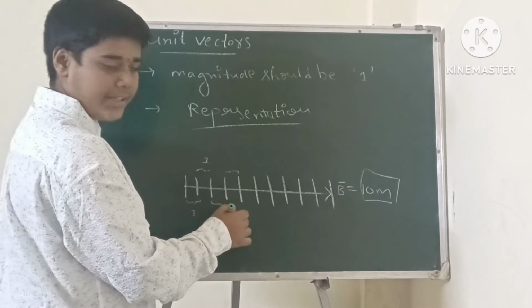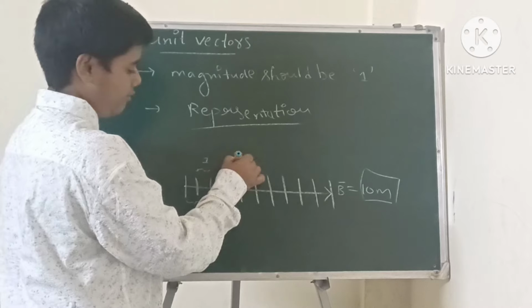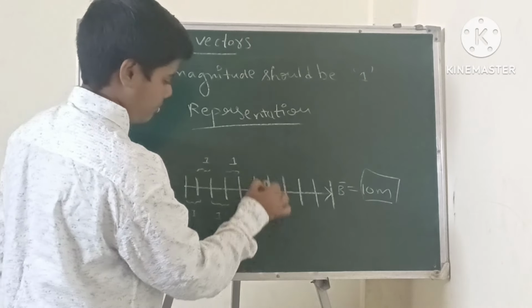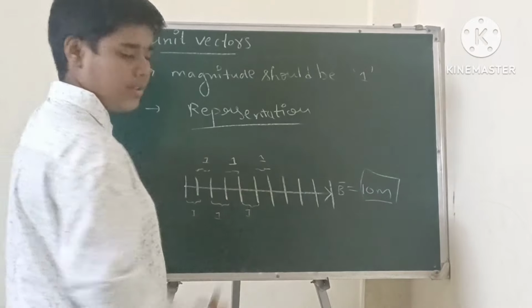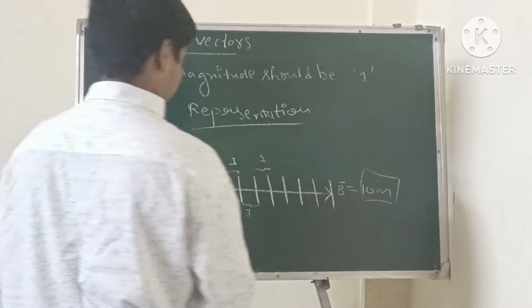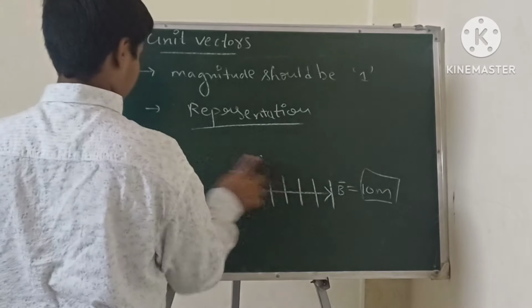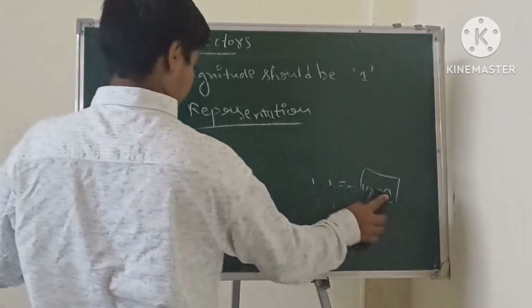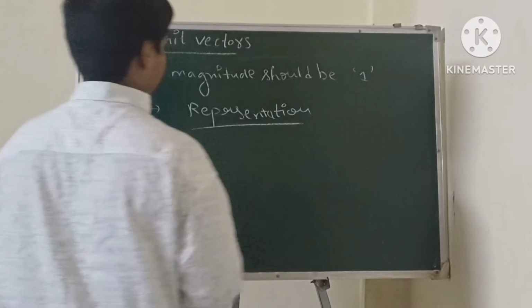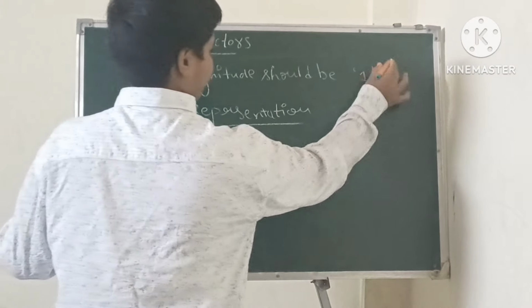Each part has magnitude 1. So these are unit vectors. Okay. So like this we can represent unit vectors. Unit vectors mean the magnitude should be 1.